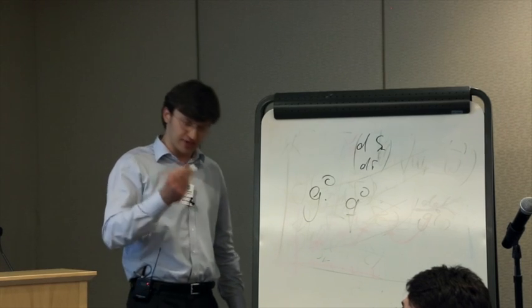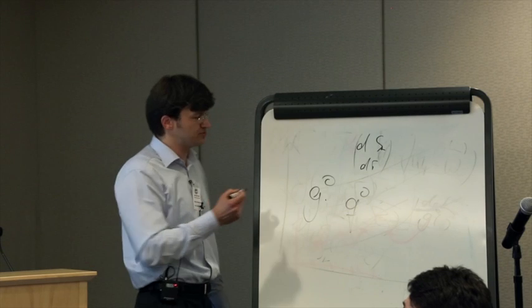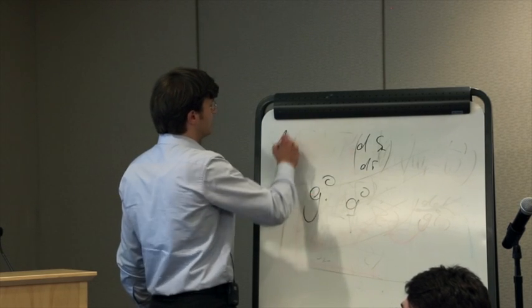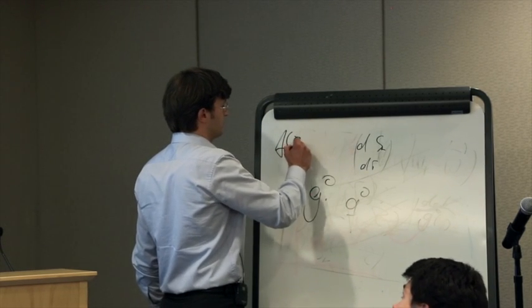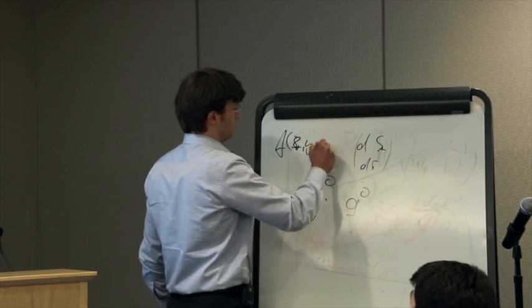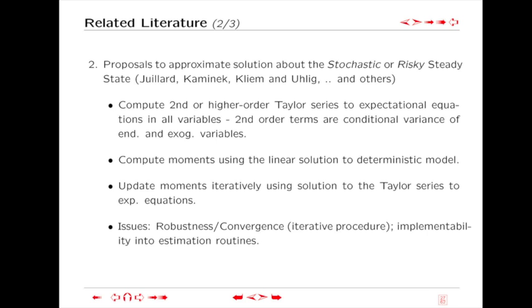I don't do this. So I have an argument why I would not like to do this, because he computes this again from the deterministic model. So he plugs in the approximate stochastic steady state, what he calls it, plugs it in the deterministic version, computes them back iteratively. It converges, I guess, sometimes, most of the times.